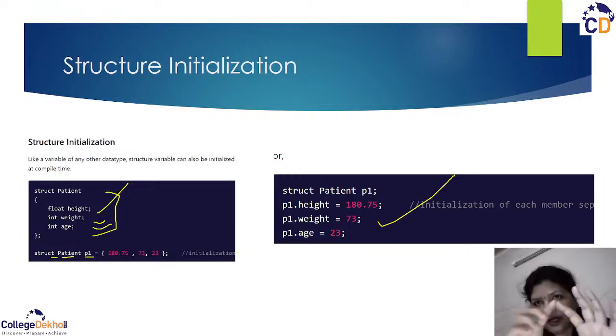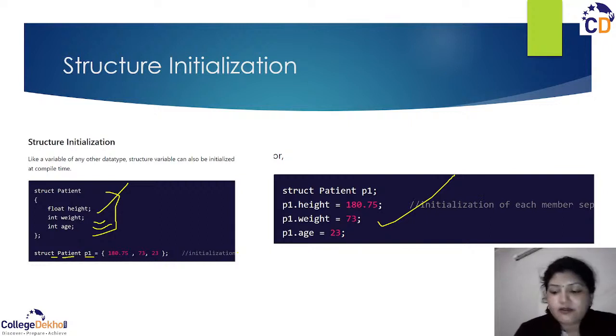Once we have declared it, we just use the dot operator and assign the values: p1 dot height, p1 dot weight, p1 dot age. So after declaration of that particular variable, we assign the values.